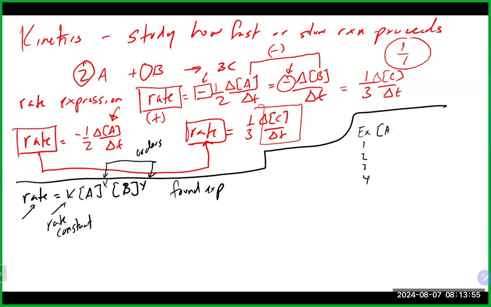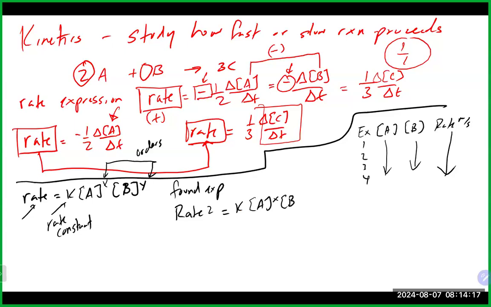You usually will have the concentration of your reactants listed, and you will usually have an initial rate listed for each of those experiments. And probably the best way to figure out the orders is, as we talked about, this mathematical approach where you take rate 2 over rate 1.